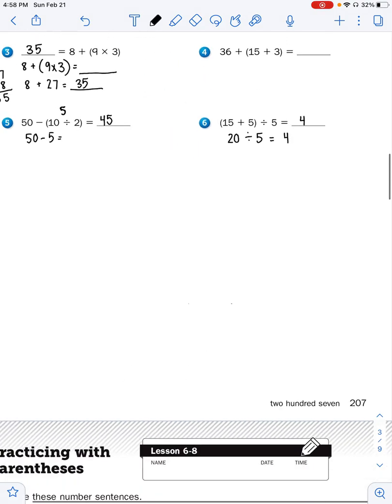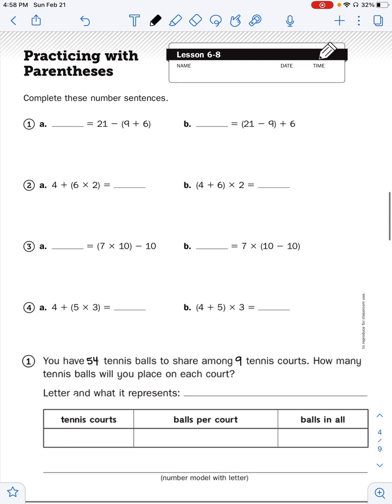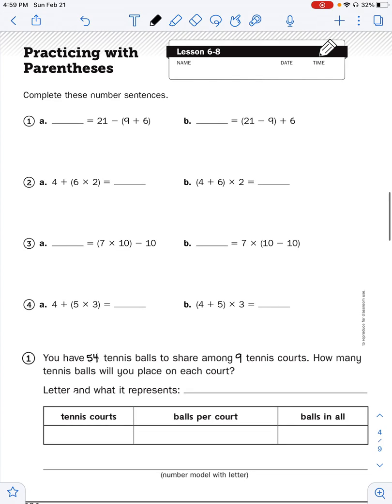Okay. You guys are going to do this as your practice today. So you'll notice how, look, on problem 1, A and B, you have all the same numbers on both of these number sentences, but the answer is going to be different on them because of where that parentheses is placed.